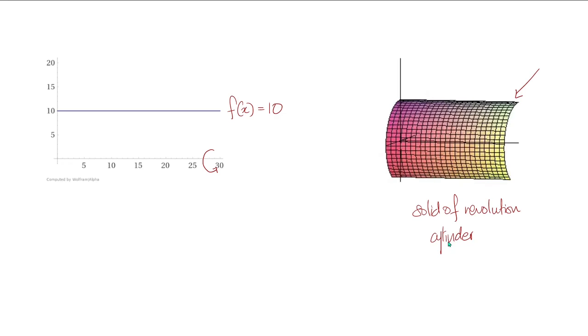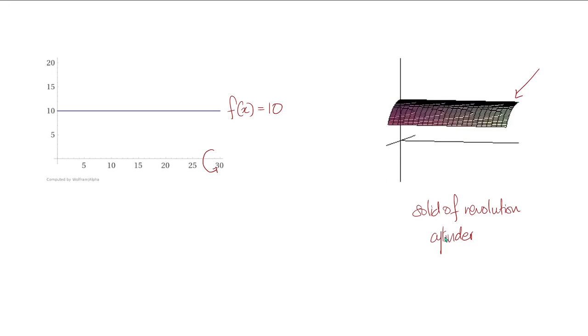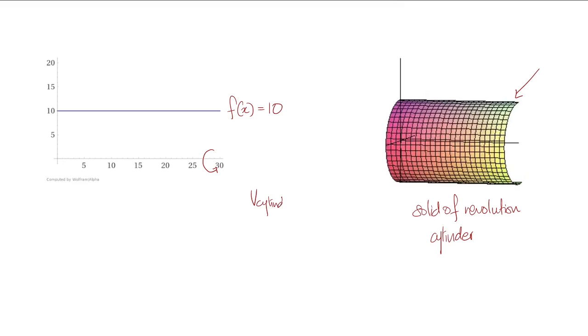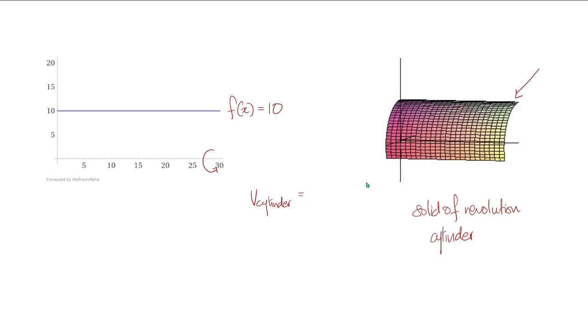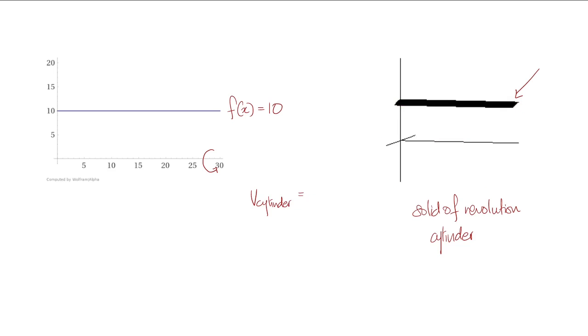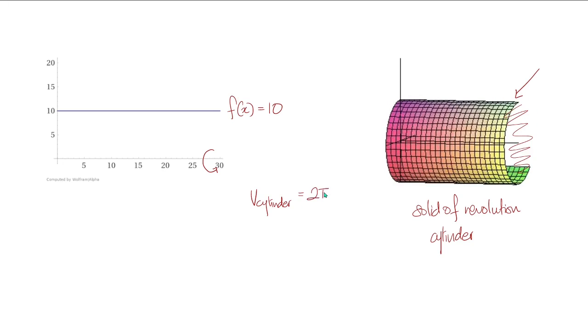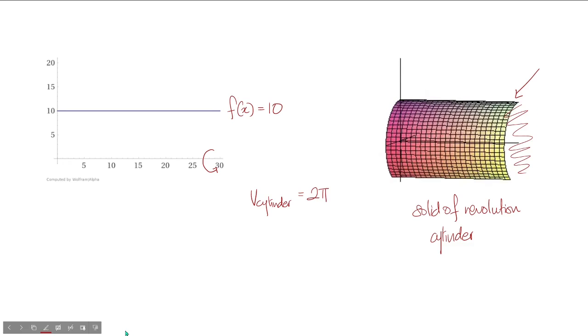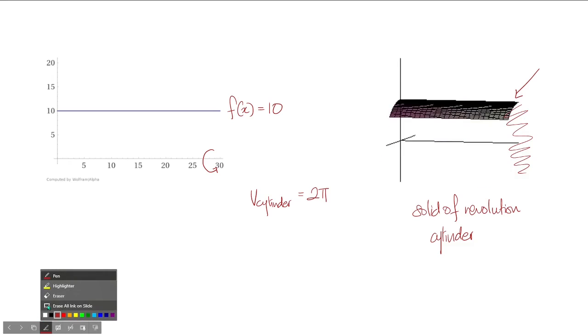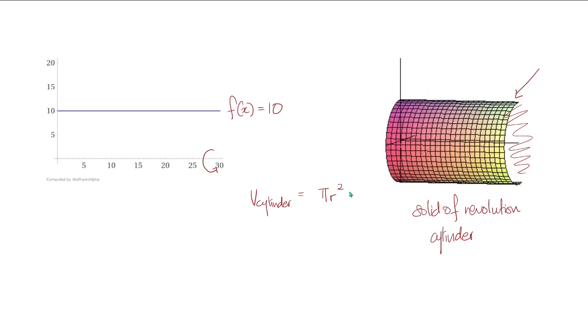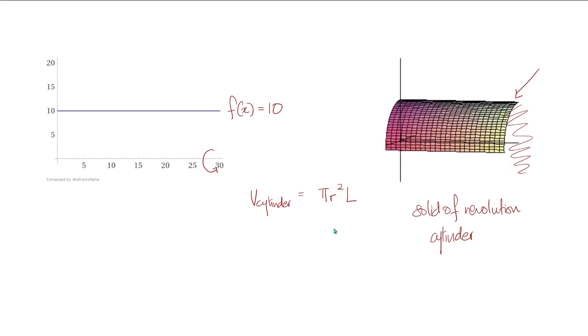Everyone knows, I think you have probably learned this in your high school mathematics, the volume of a cylinder is basically the area of this circle here, sorry, not 2 pi, it's pi r squared, times the length of the cylinder.